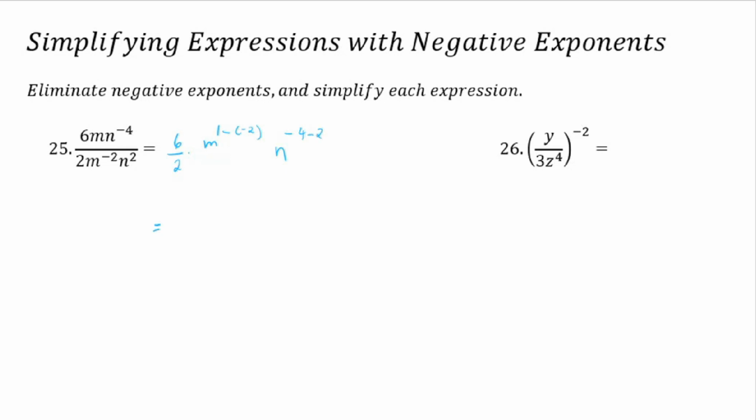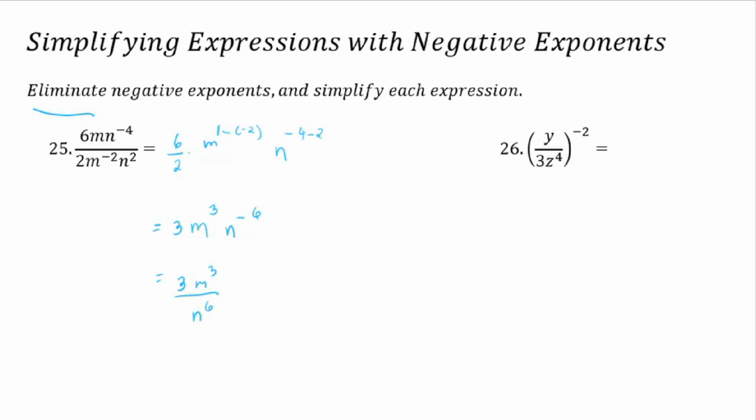Now simplifying that one, 6 divided by 2 is 3, then I will write m and simplify now the exponents. 1 minus negative 2 is positive 3, and n to the power of negative 4 minus 2 is negative 6. Then avoid writing negative exponents because we are asked to eliminate. Therefore, I will write n to the power of negative 6 in the denominator. So therefore, we have 3m cubed over n to the power of 6.